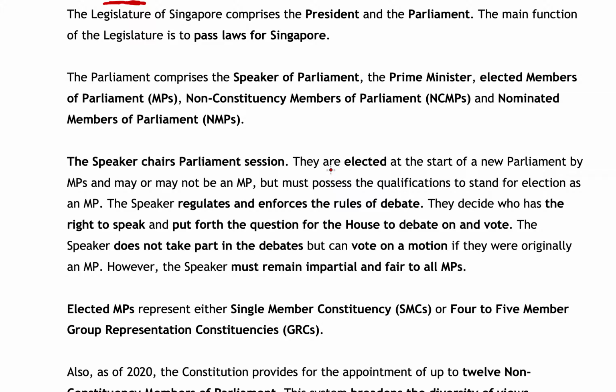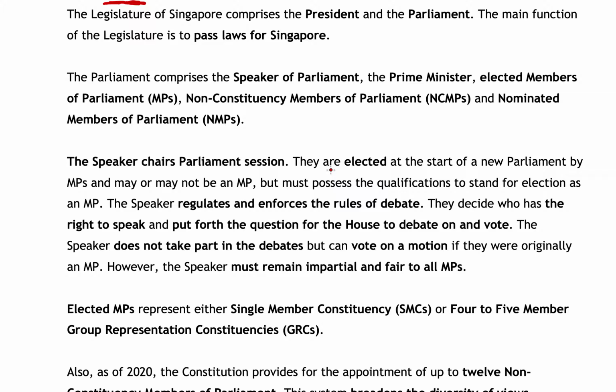He also puts forth questions for Parliament to debate and vote on, and of course that will eventually become an Act of Parliament. The Speaker himself does not take part in any of the legislation debates, but he does have a vote if he is an MP.